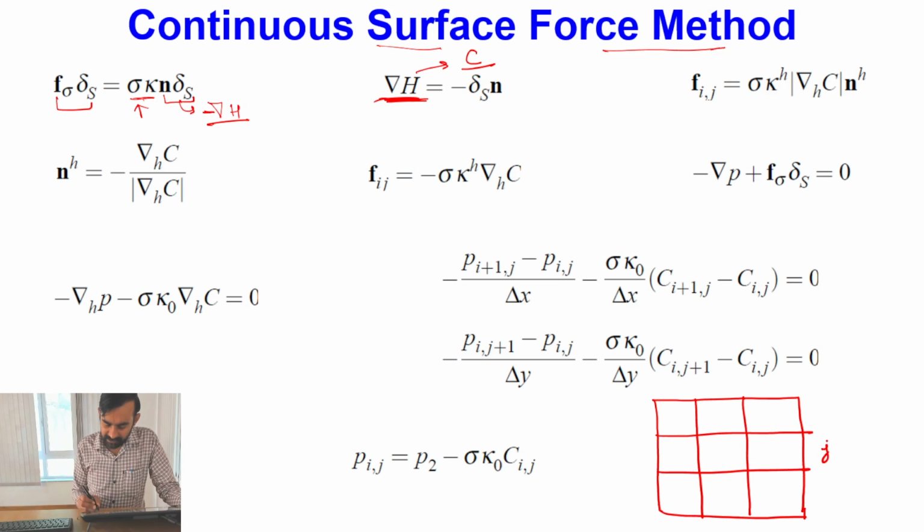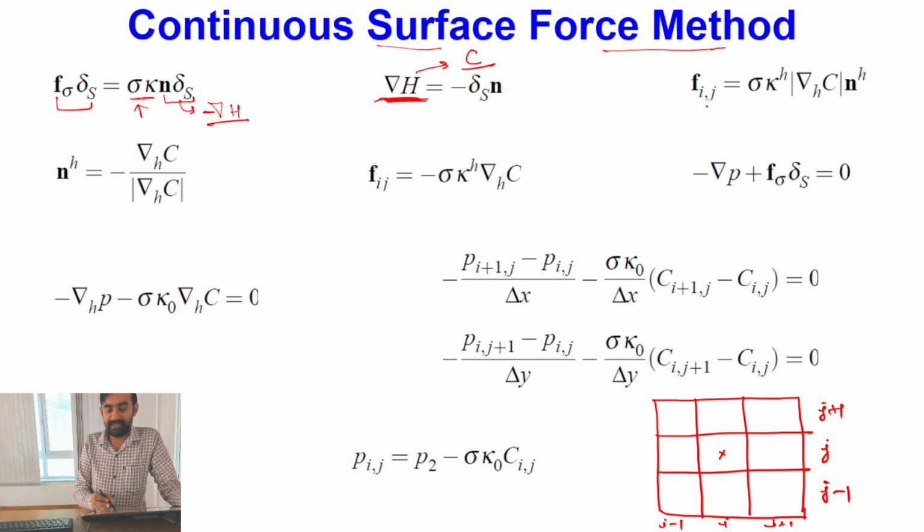So let me consider this is row j plus 1 and j minus 1. This is i plus 1 and i minus 1. Okay, so let us consider that I am trying to calculate the surface tension force for a cell i comma j.